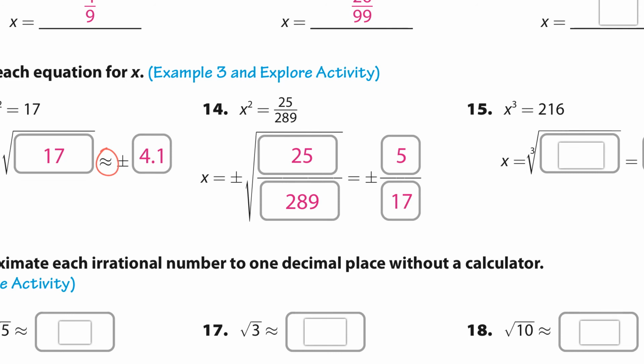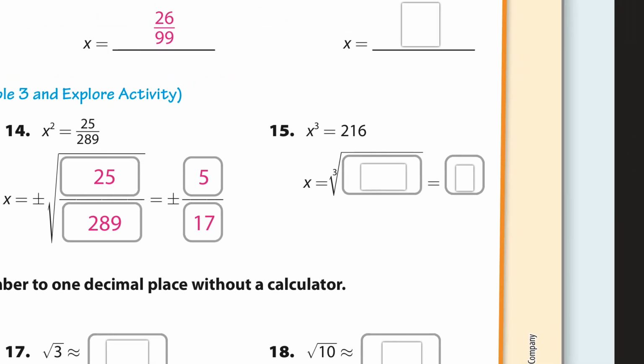That's what that's for. Now, the other one here is called the cube root. So it's asking what times itself 3 times is 216. So I can make an easy one. The cube root of something is equal to 8. So that something has to be 2, because the cube root of 8 is equal to 2, because 2 times 2 times 2 is 8.